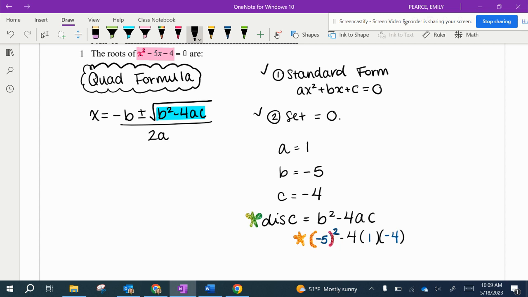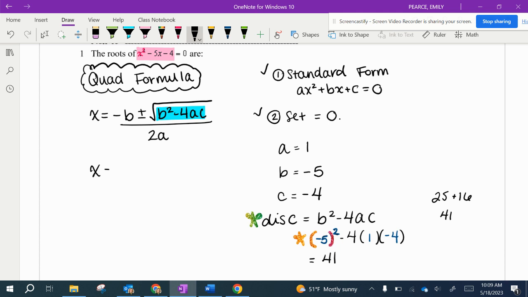And you would get, I'm actually just going to do some work off to the side here. 25 plus 16, that's equal to, see, I'm naughty and I didn't have my calculator, 41. Okay, did you get 41 for your discriminant? Okay, nice.